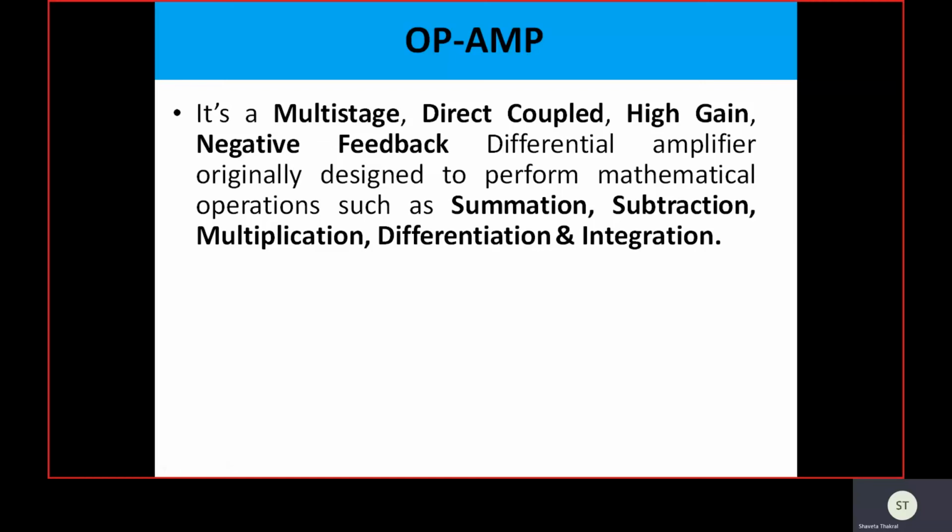And why is it specifically called an operational amplifier? When the operational amplifier was discovered, the initial purpose was to perform certain mathematical operations like addition, subtraction, multiplication, differentiation and integration.